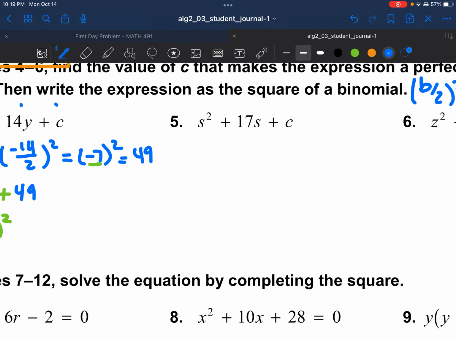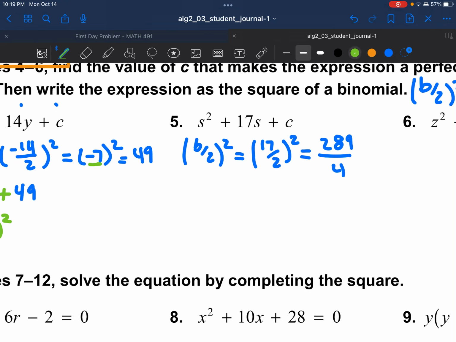All right, let us do the next one. So (b/2)² is going to be (17 over 2)², which is going to be 289 over 4, and you can use a calculator for this one. And we're going to add that to both sides.